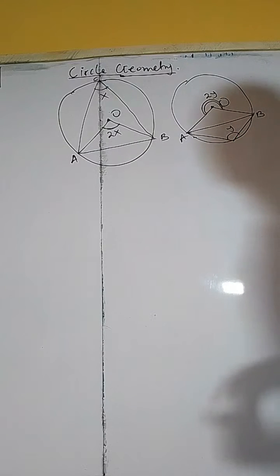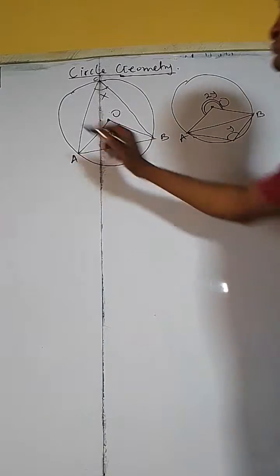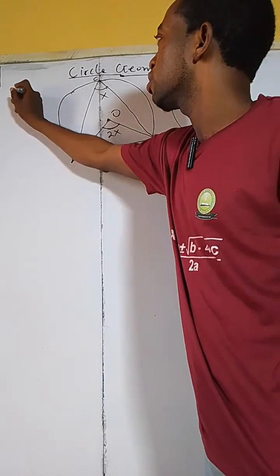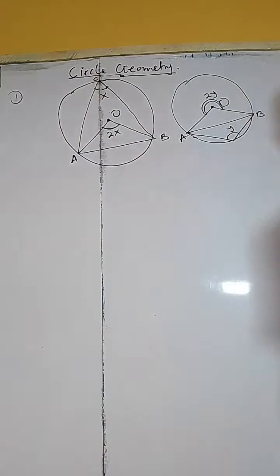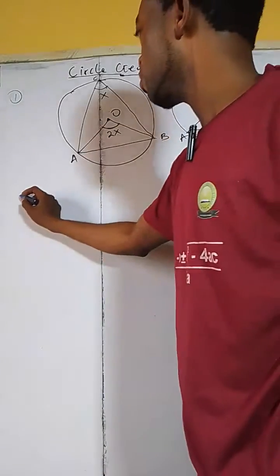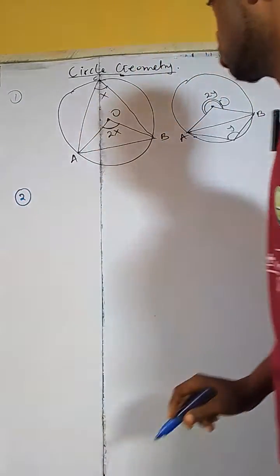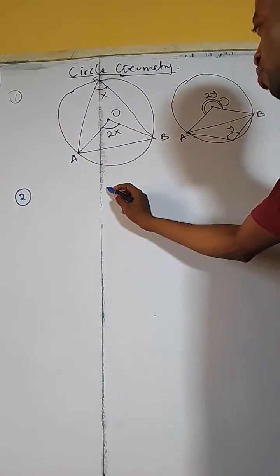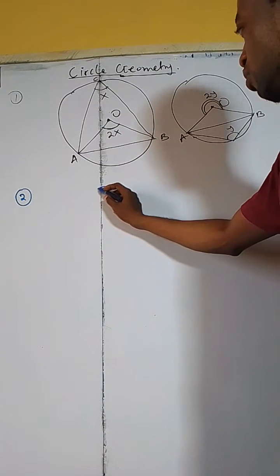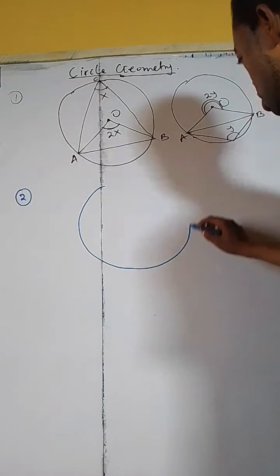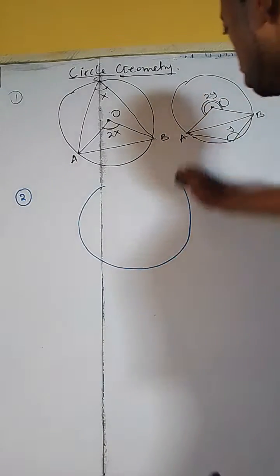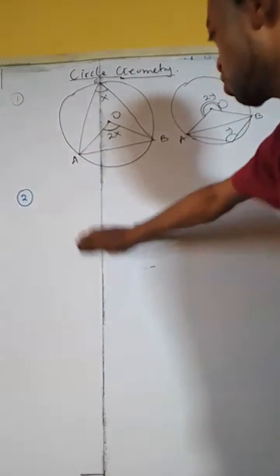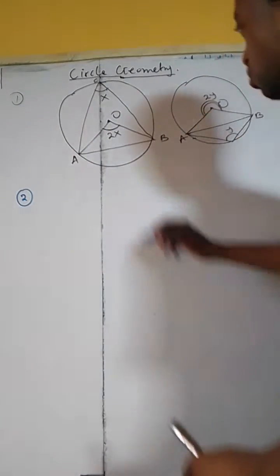And another theorem follows this, which will be theorem number 2 from this class. In theorem number 2, the angles formed in the same segment by a chord are all equal. Now let's look at this circle here, and look at a chord of a circle.